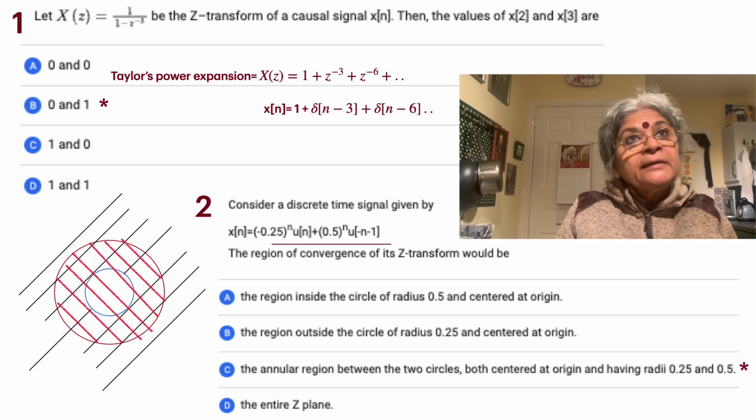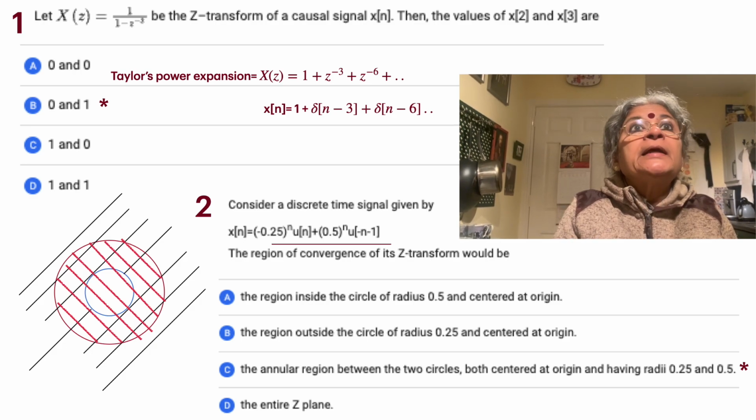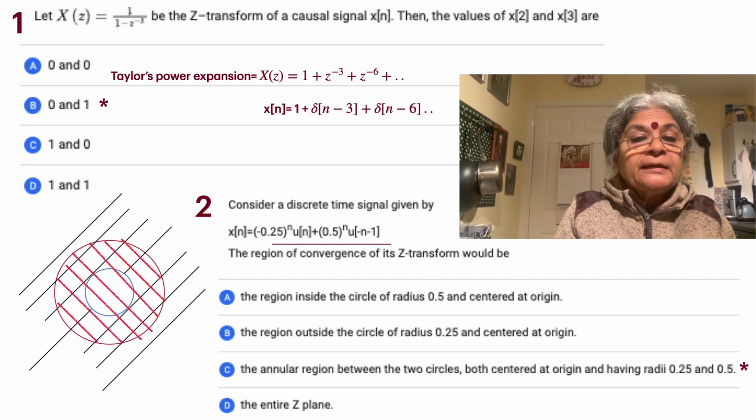In that case you can even return to the time domain by taking the z inverse. So we have 3 components there: 1 plus delta[n minus 3] plus delta[n minus 6]. Why?